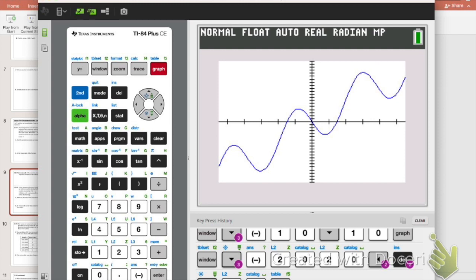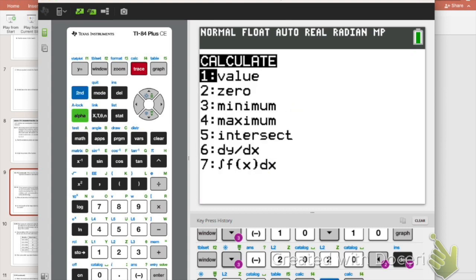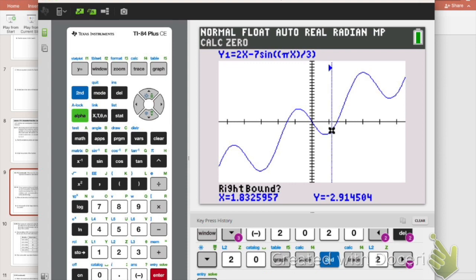Clearly you can see at this x-intercept right here. I can either just trace it over, or I can have my calculator find the zero. Let's make our bounds. I want to find the zero within which interval. Let's set our left bound and our right bound. So it looks like 2.311.